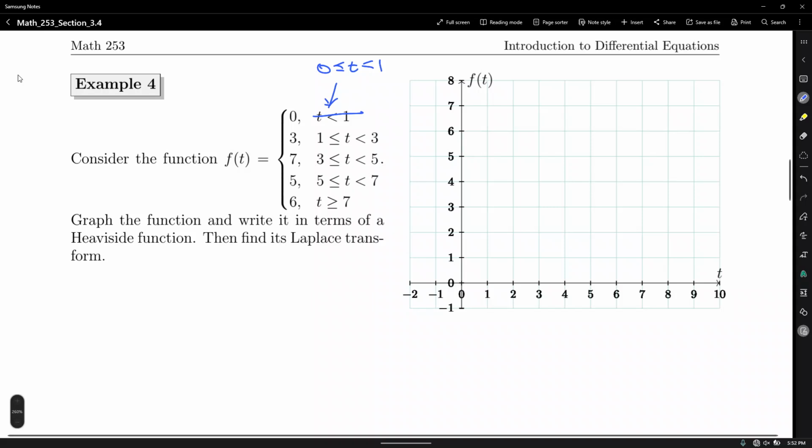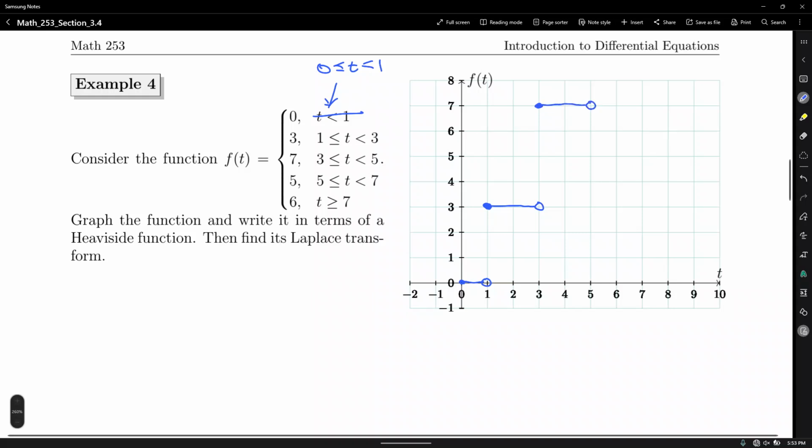Okay, so between 0 and 1, we have a solid open circle, right? And then between 1 and 3, we jump all the way to 3 and it turns off at 3, right? And then we keep jumping all the way to 7, and that's going to be between 3 and 5.